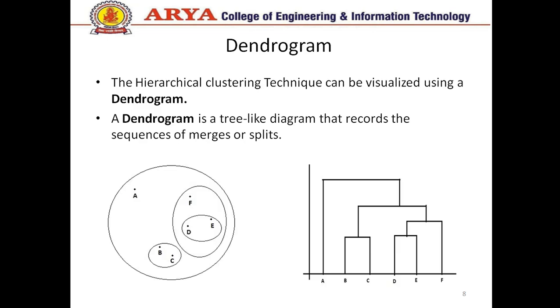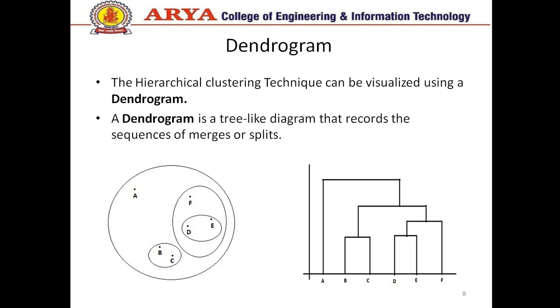Now one more thing, the hierarchical clustering technique can be visualized by the term dendrogram. A dendrogram is a tree-like structure which contains all the records on the basis of merging or on the basis of splits.